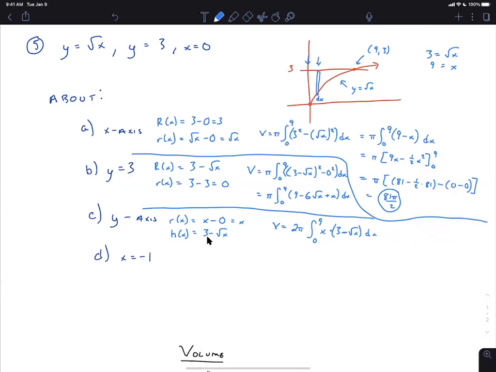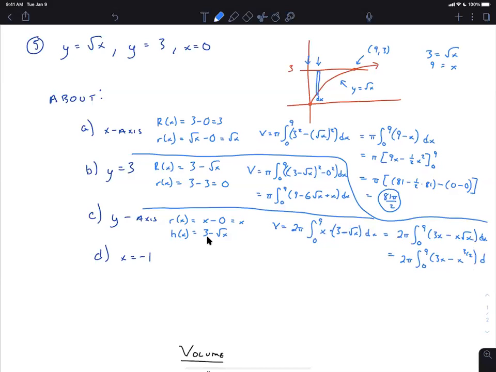This is a minus. And so, to simplify this, let's not pull the 3 out. Let's make this 3x minus x square root of x dx. And then let's rewrite that as 0 to 9 of 3x minus x to the 3 halves.